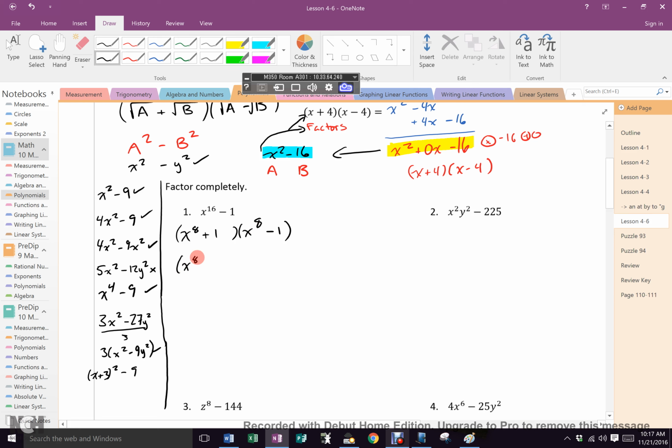So I have x to the 8th plus 1, and this becomes x to the 4 plus 1, x to the 4 minus 1. Am I done? Why not, Mark? Because you can still keep going with that. You can do that same thing again. So x to the 4th plus 1 becomes x squared plus 1, x squared minus 1, and x squared minus 1 can keep going again.